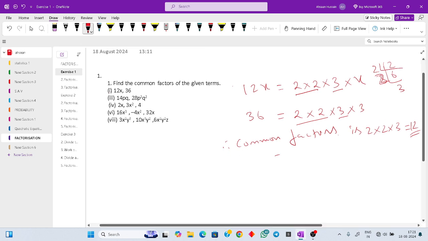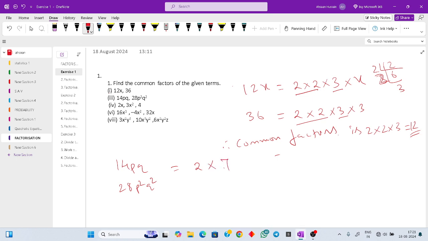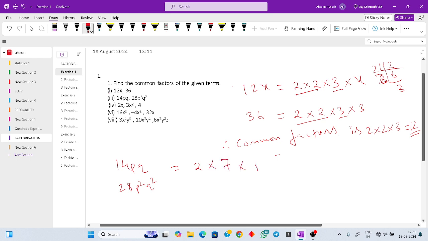Our next question is 14pq and 28p square q square. 14 means 2 into 7 and pq means p multiplied by q. Similarly, 28 means 2 into 2 into 7, and p square, or p power 2, means p multiplied by p.